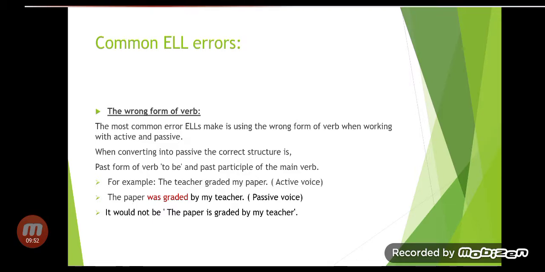So when converting into passive voice, we would be converting into past simple, so the form of be would be in past. The answer cannot be the paper is graded by my teacher, because the sentence is in past tense. So the error that ELL learners make is using the wrong form of verb. We always have to use the right form of verb to do active and passive voices.